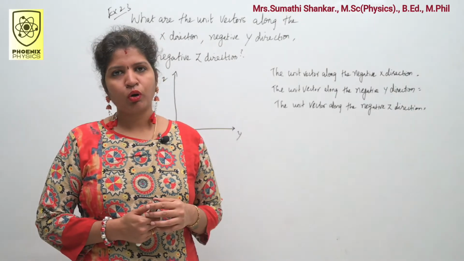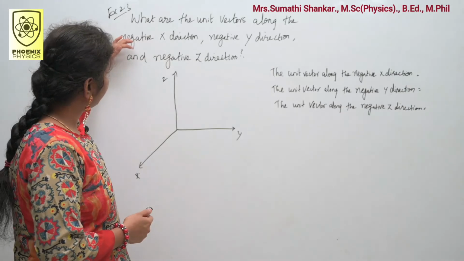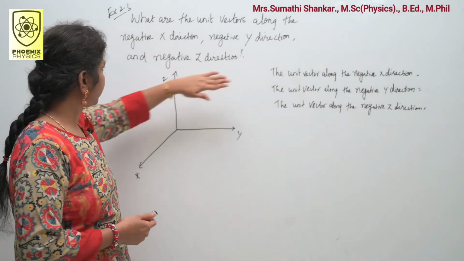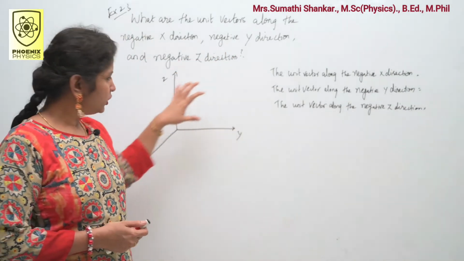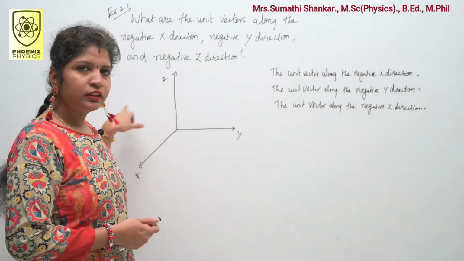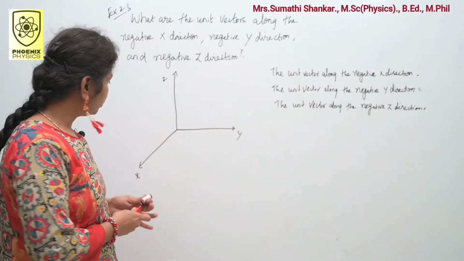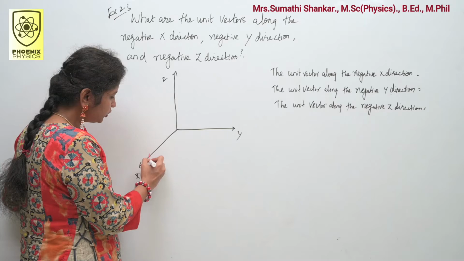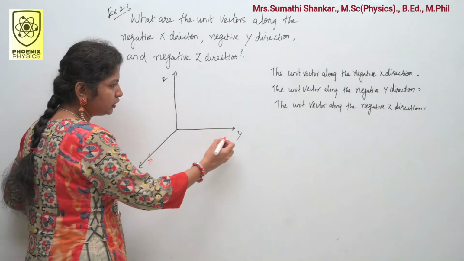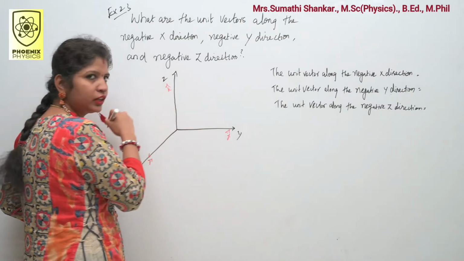One example problem is given. What are the unit vectors along the negative x direction, negative y direction and negative z direction? This is our 3D diagram with x, y, z. These three axes are mutually perpendicular to each other, and the unit vector i acts in the x direction, j acts in the y direction and k acts in the z direction.